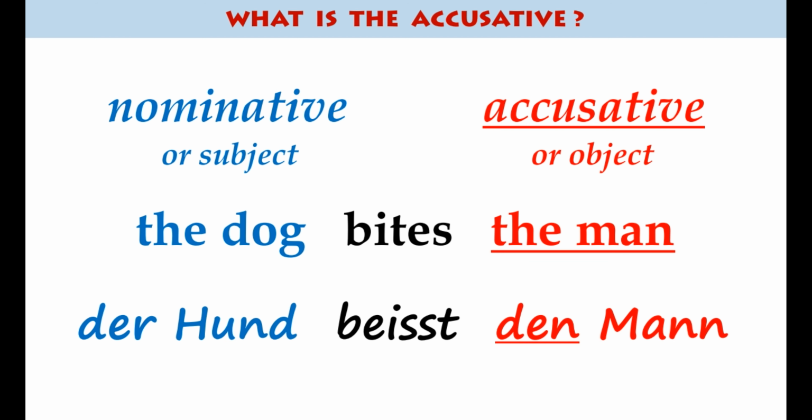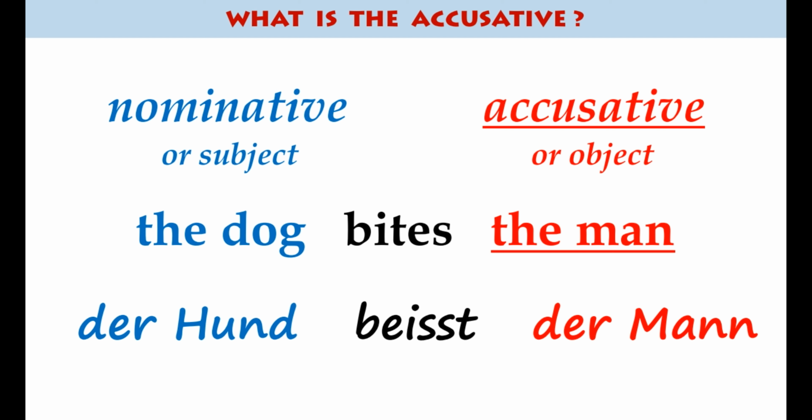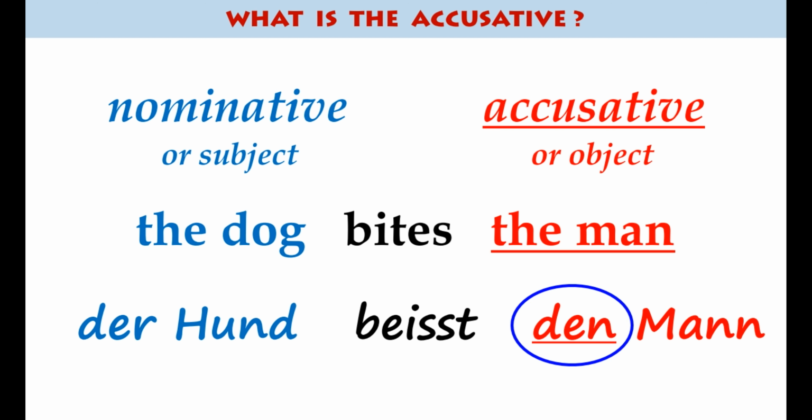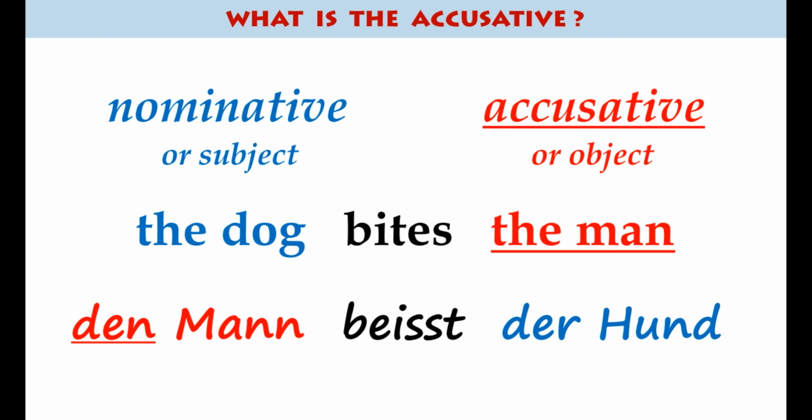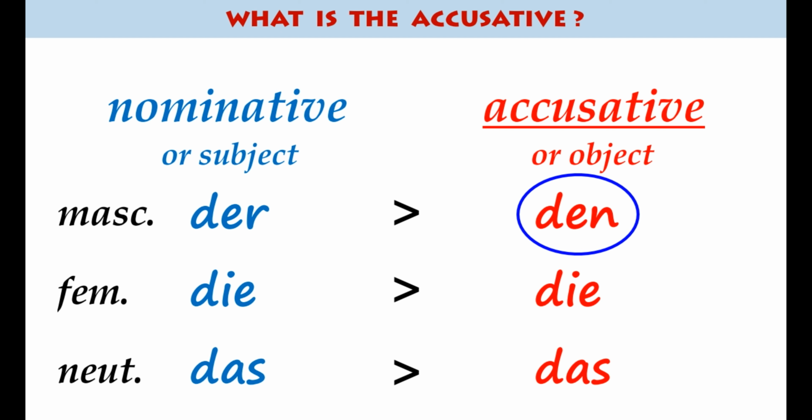It doesn't often add an ending to the word. Sometimes it does with certain nouns, but most of the time it's the word in front of it. It's the word for "the" or "a." So here's the sentence. The dog bites the man in German, and you can see that instead of der Mann, it's become den Mann, which means that if you wanted to, you could swap it around. In German, only the masculine is affected by the accusative.